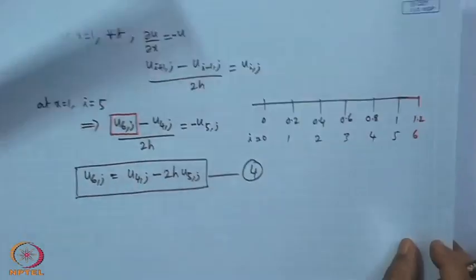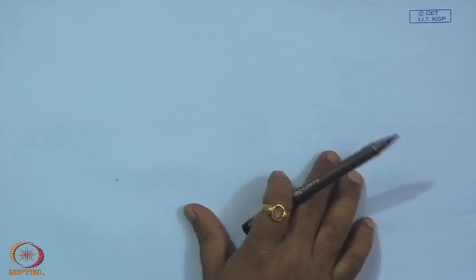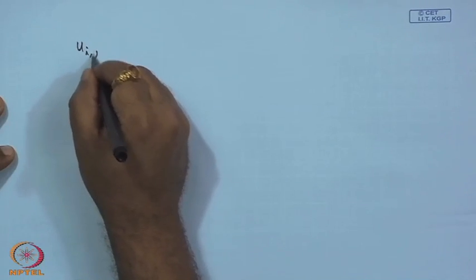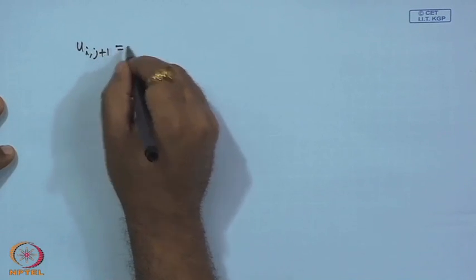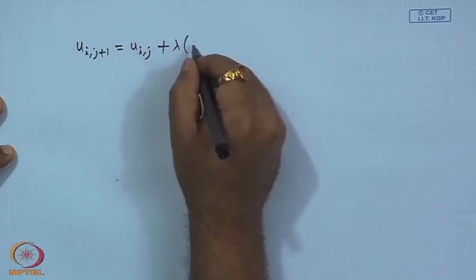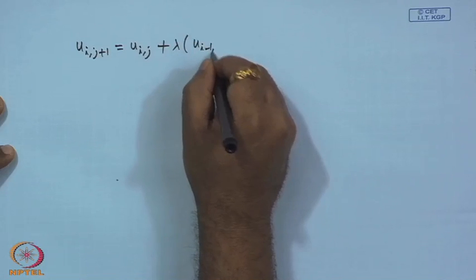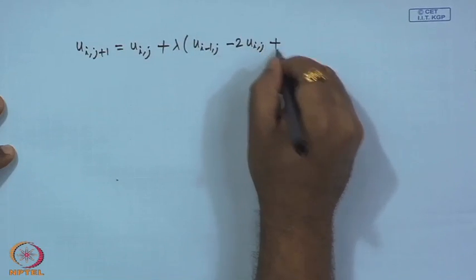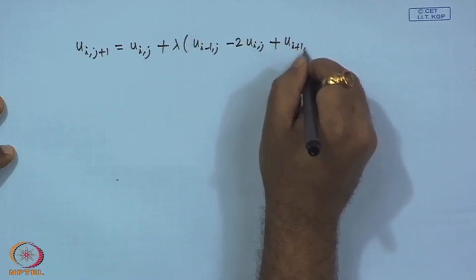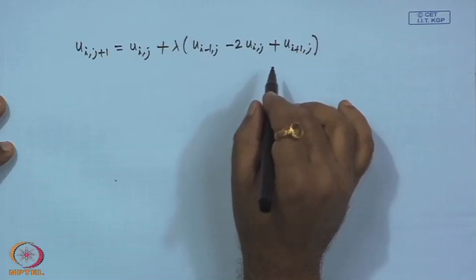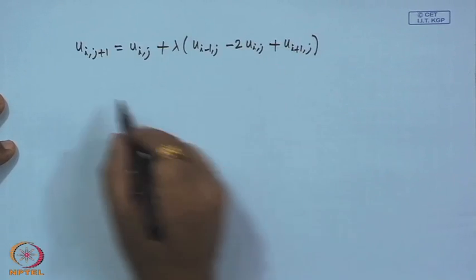So, let us summarize these equations. We have u I j plus 1, where this is valid, I will get back to you in a moment.